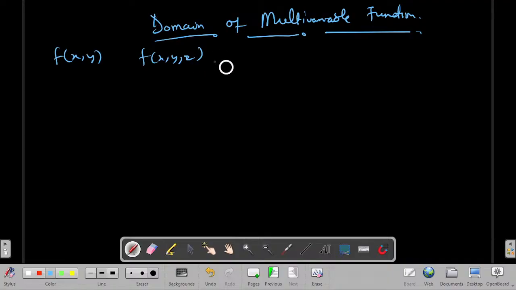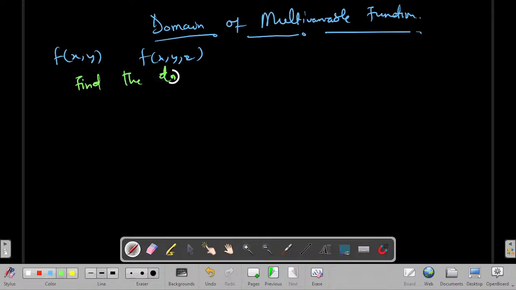Now, for the domain of a multivariable function, you end up with a domain that is a cone, a cylinder, a sphere. That is the difference. We don't normally get a line or just a simple point as a domain. So let's take the first example.